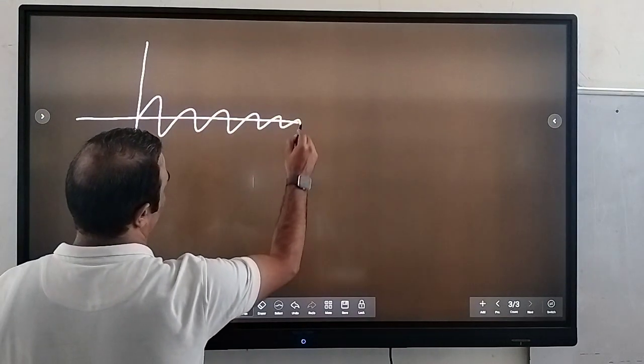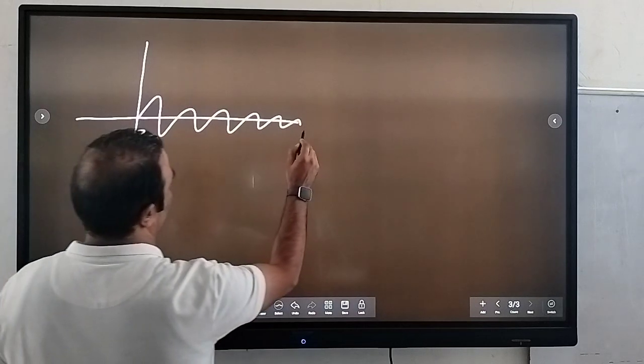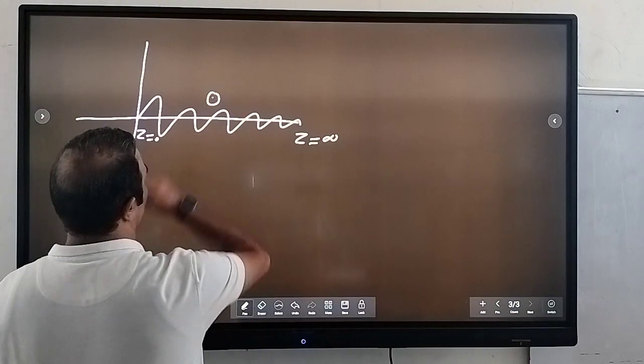So this is basically if you plot from z equal to 0 to z equal to infinity, and if you choose some point here, right?